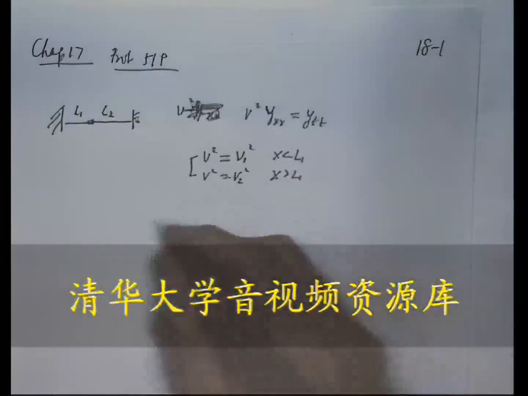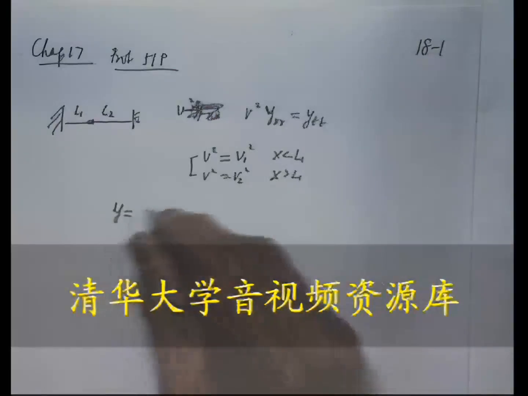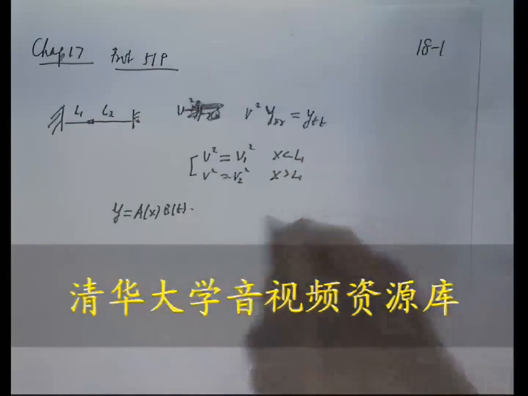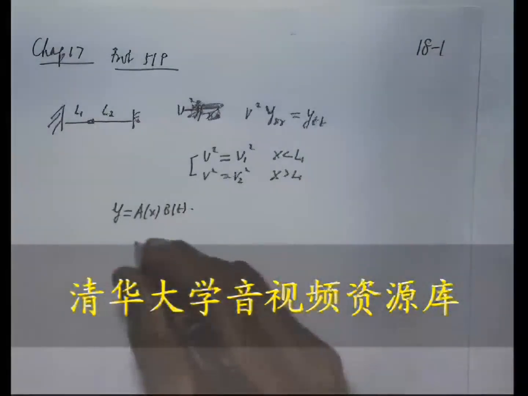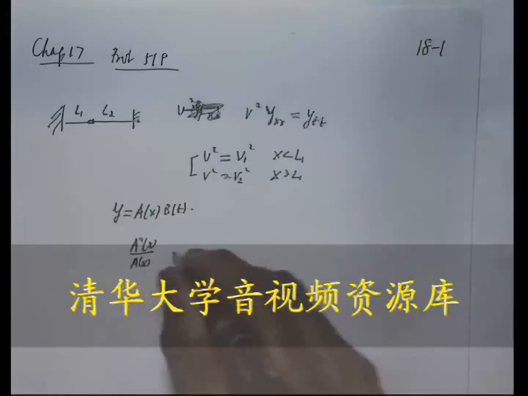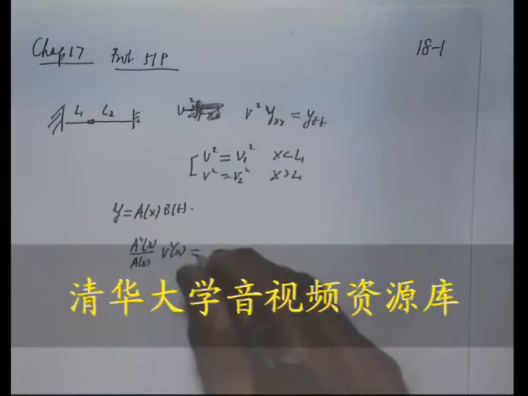So we similarly take y is equal to a of x times b of t. Then we get a double x divided by a of x times v squared of x is equal to b double dot over b.